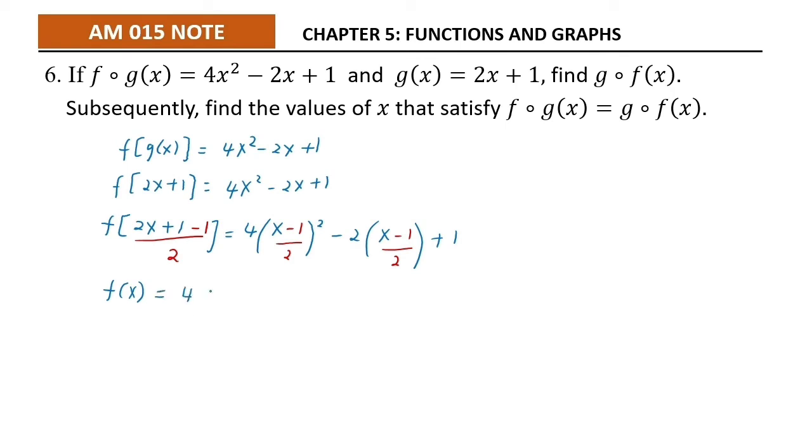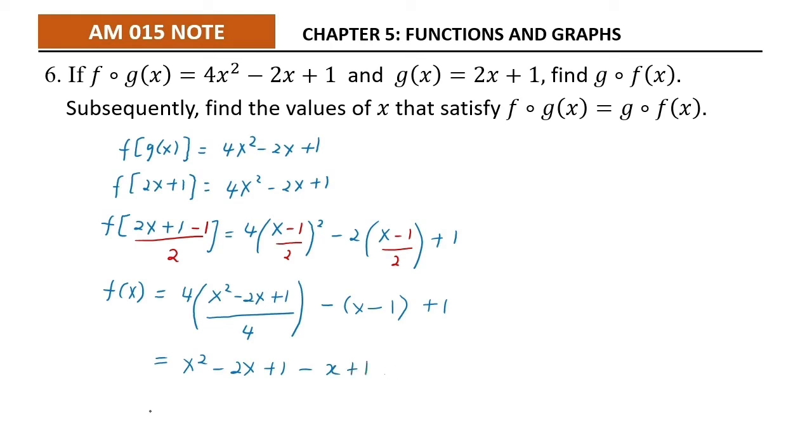Here 4 times the square, so x squared expand minus 2x plus 1, divided by 4, minus (x minus 1) plus 1. 4 over 4 cancels out. x squared minus 2x plus 1 minus x plus 1 plus 1.